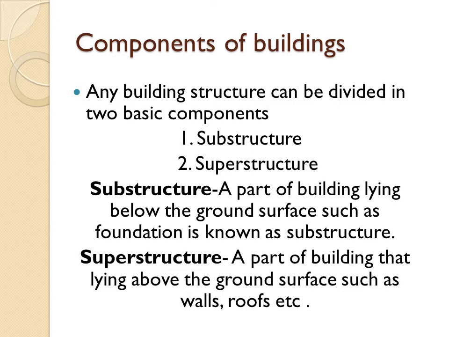First one is the substructure and second one is the superstructure. Any building structure, whether it is an RCC frame structure or a load bearing structure, compulsorily has two parts, the substructure and the superstructure. Now we will see what is meant by the substructure and the superstructure.